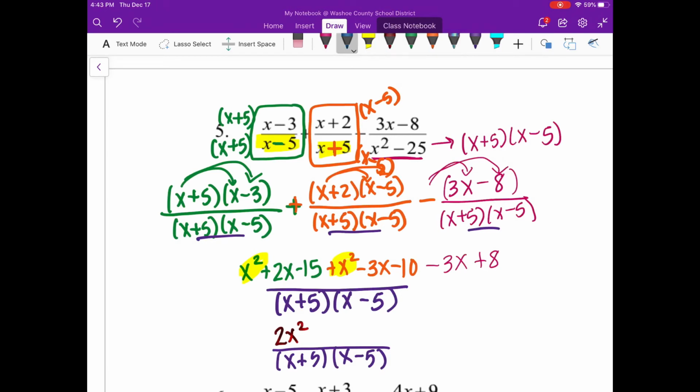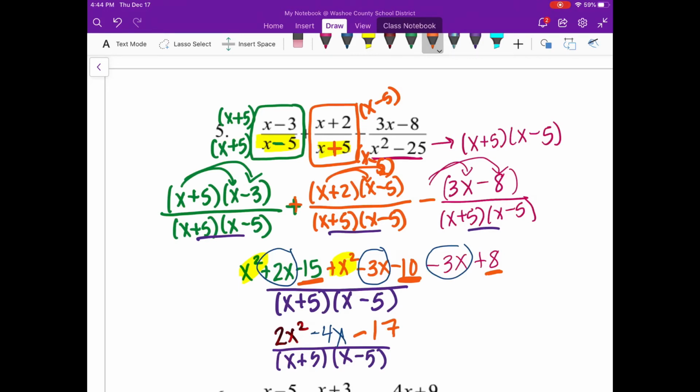That gives me a 2x squared. Then I have 2x minus 3x is 1x, minus 3x is 4x, negative 4x. Okay, and then I have the negative 15 minus 10. Negative 15 minus 10 is negative 25, plus 8 gives me a negative 17.